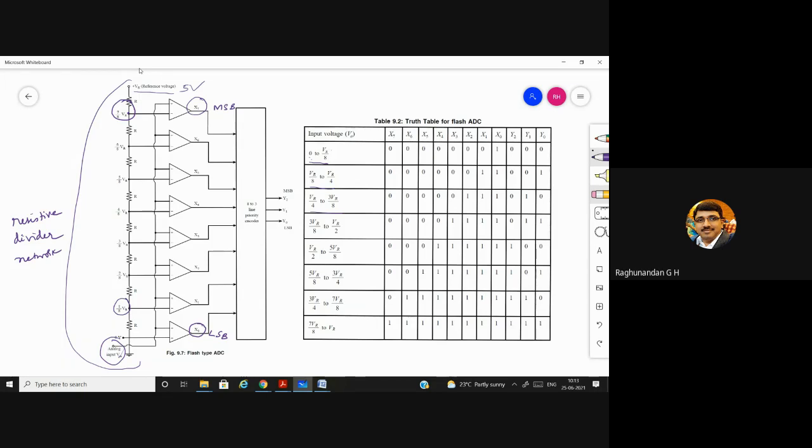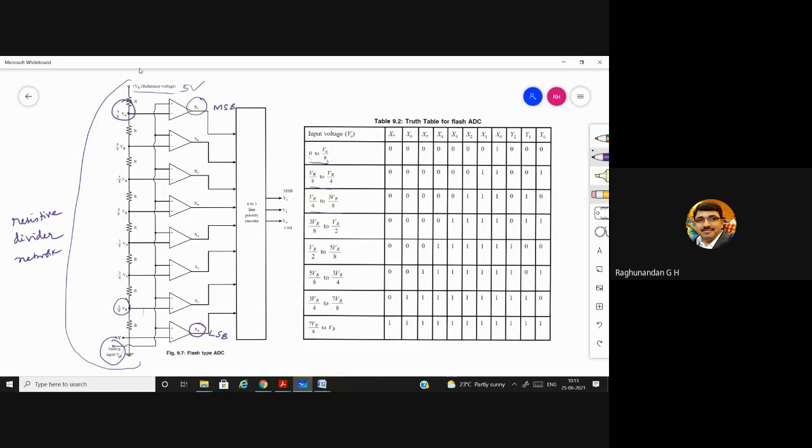So let us assume that we are giving reference voltage as 5 volt. Now, if your input voltage comes in the range of 0 to VR by 8, during that time, except x0, all the bits will be 0.